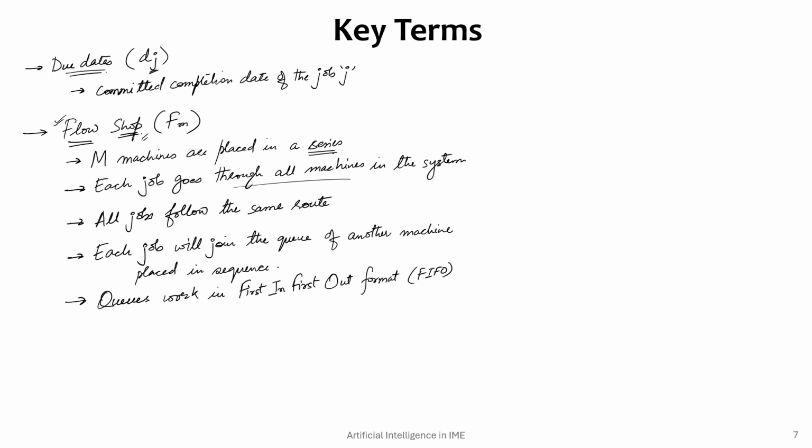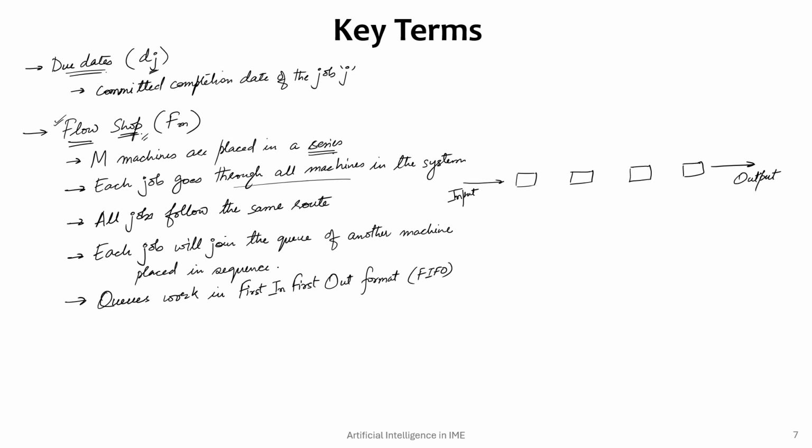So let us try to visualize this. Let's say you have 4 machines. Now in a flow shop, all of these machines are placed sequentially. So here comes your input, your job that is still unprocessed and needs to be processed, right? And here goes your final output.